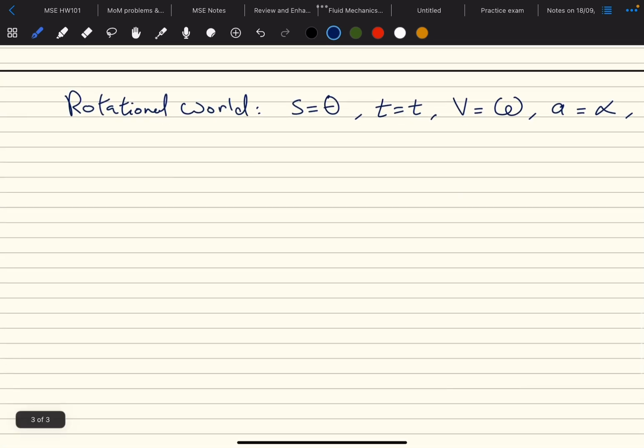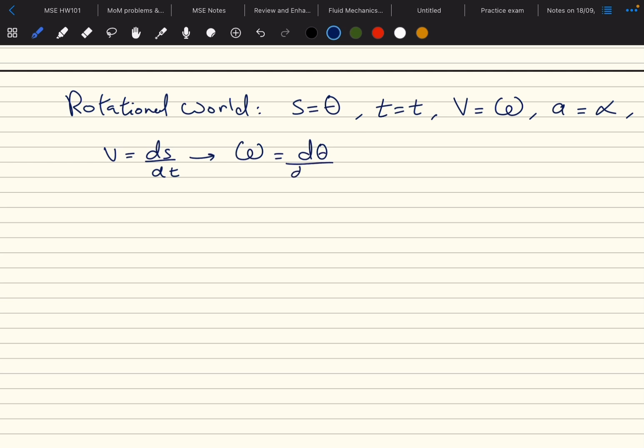So when v equals ds/dt, in the rotational world, v is equal to the angular velocity, and ds is equal to d theta, over dt. Same goes for the acceleration. a is equal to dv/dt, which would be d omega over dt.